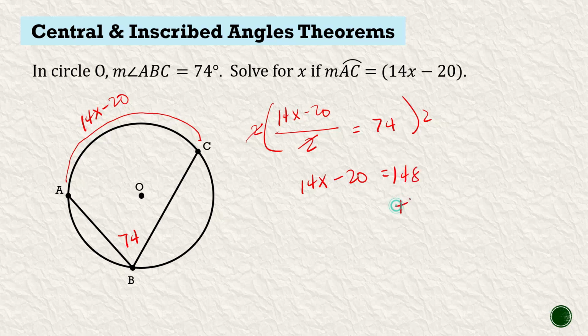And then plus 20 on both sides. 14x equals 168. And then finally divide by 14. So 168 divided by 14 is equal to 12. So the value of our x here is equal to 12.